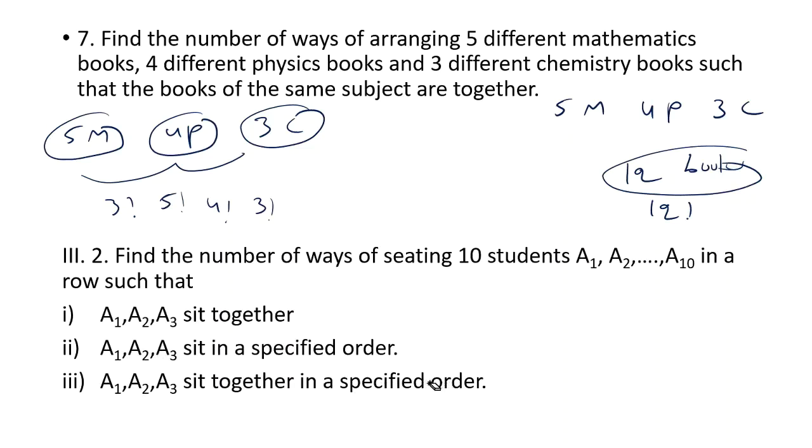A1, A2, A3 sit together means first of all we have to tie up A1, A2, A3. After tying them up, I am not supposed to arrange A1, A2, A3 in whatever manner I want. I can arrange A1, A2, A3 in a specified order in only one way. Okay, let us answer these questions separately.